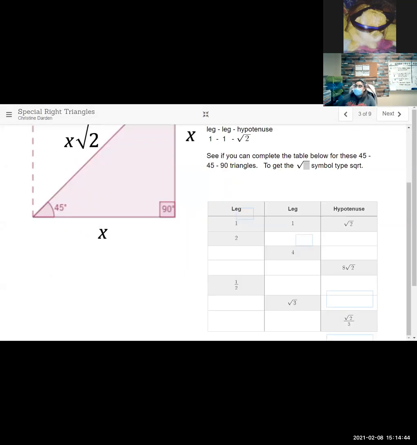Okay, remember that the legs are always going to be the same. So we are asked about the second to last one, where one of the legs is equal to the square root of 3. Remember, your legs are equal. So if one leg is the square root of 3, then the other leg is the same.